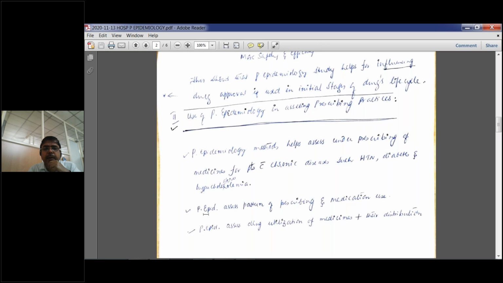The next application is that it is used to assess the pattern of prescribing. See, one is whether they are being prescribed appropriately for chronic diseases. Number one. If yes, whether the pattern of prescribing is correct. That is also very important.